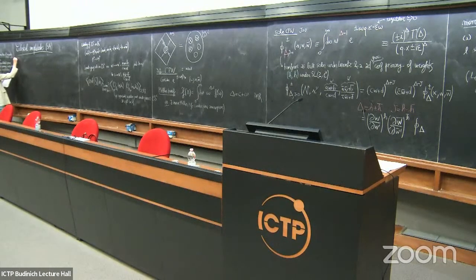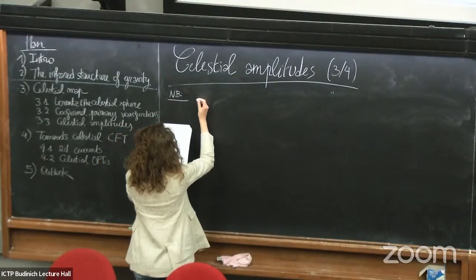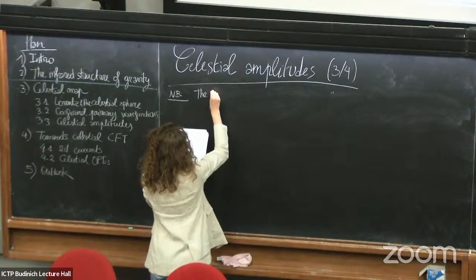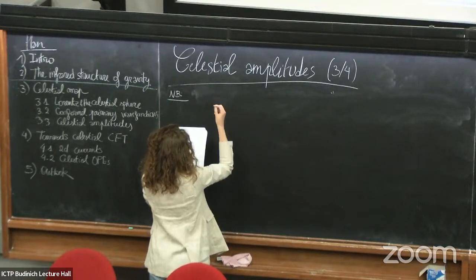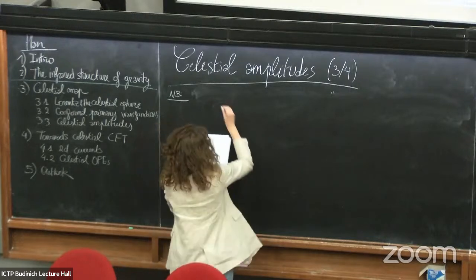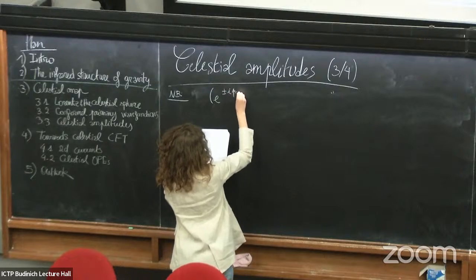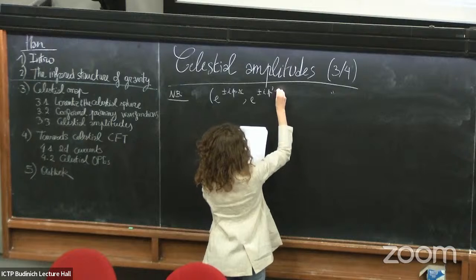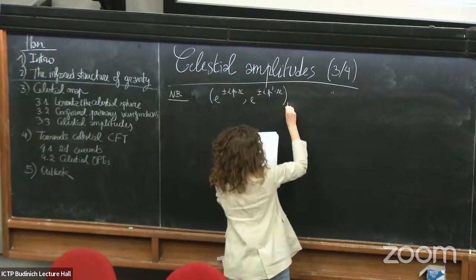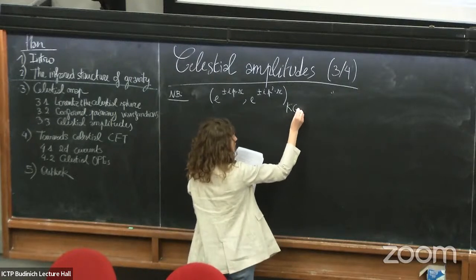So now let me make a comment. The statement that plane waves form a delta function normalizable basis, where these brackets denote the Klein-Gordon inner product.